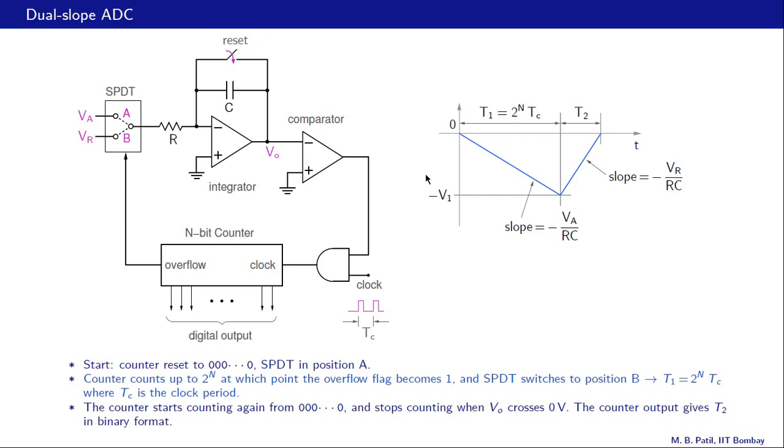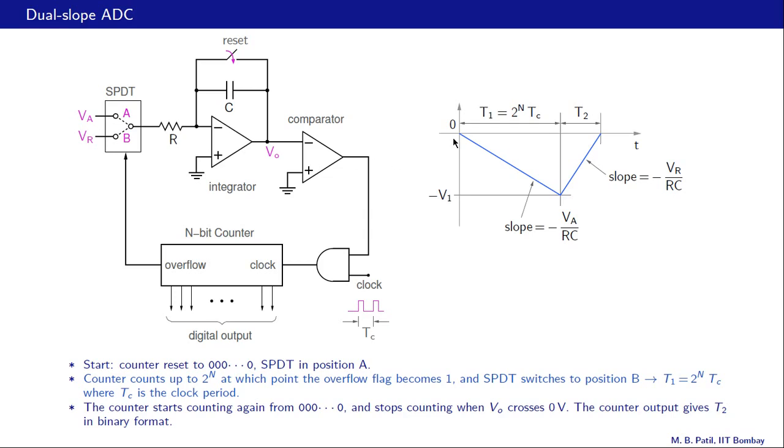Having said that, let us also mention that the dual slope ADC has a major advantage in terms of noise immunity. Let us try to understand what that is. The analog voltage which we are trying to convert to the digital format is expected to be constant throughout the conversion process. However, there is some noise riding on it, and the noise can be both positive and negative.